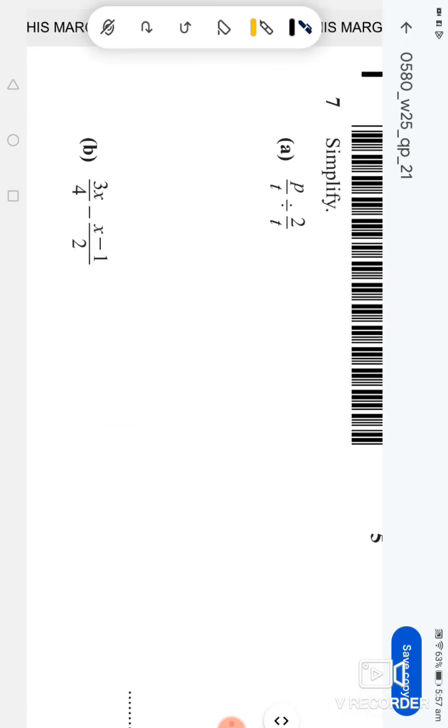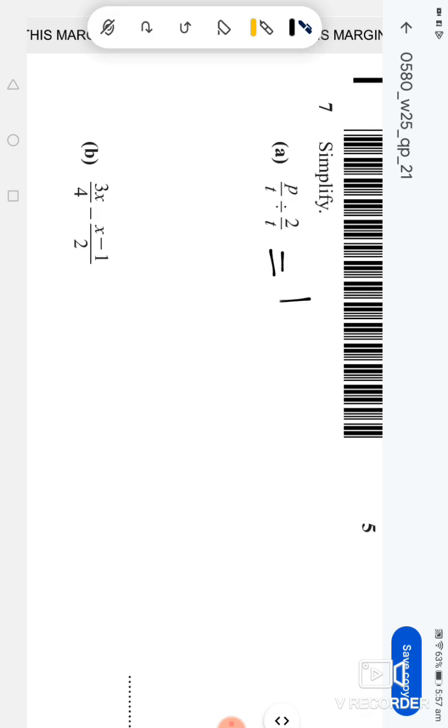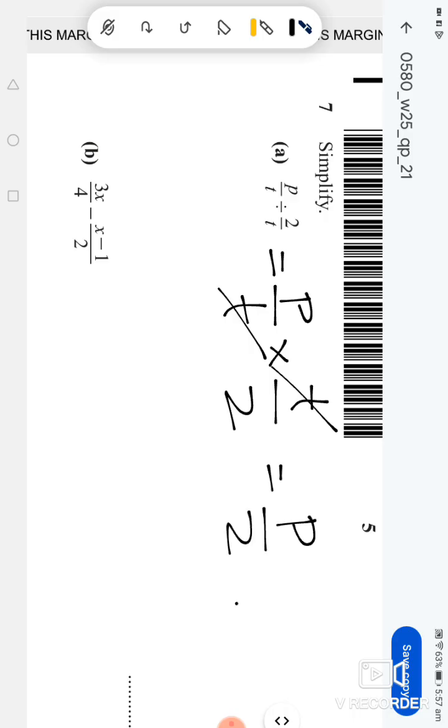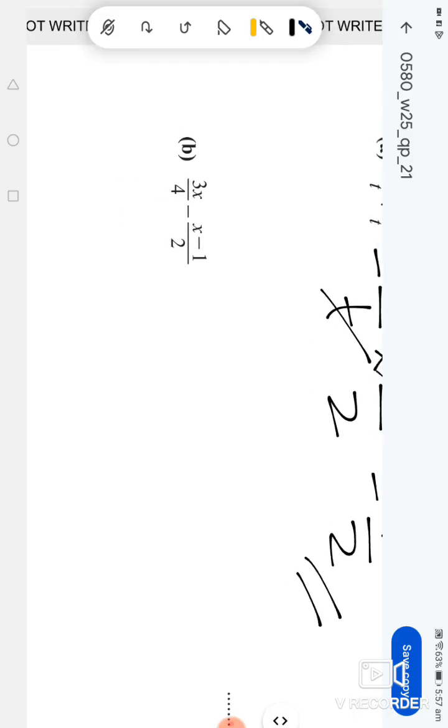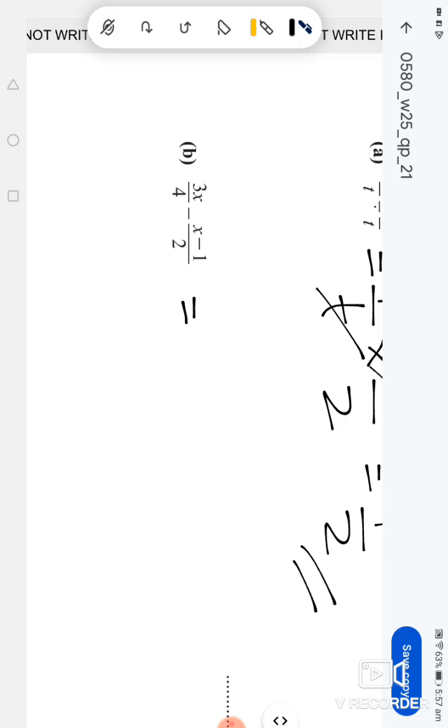Question number 7. Simplify. Easy question. P by T, then this one will multiply, and T by 2. So P by 2. Next, 3x by 4 minus x minus 1 by 2.